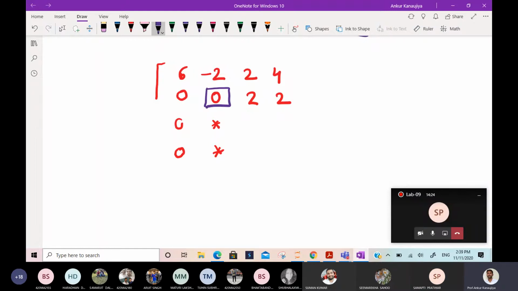So can you tell me the exact entries? After making the first column below 6 all 0, what will be the exact entries? Perform two more row operations so that this will become 0.